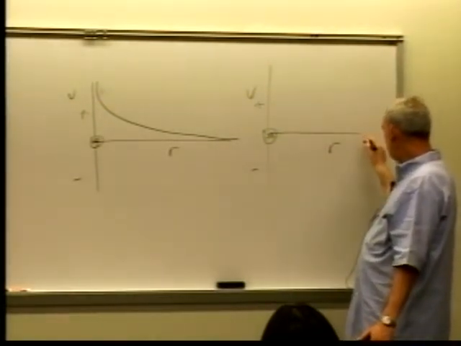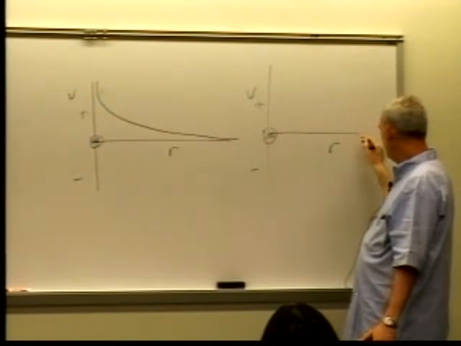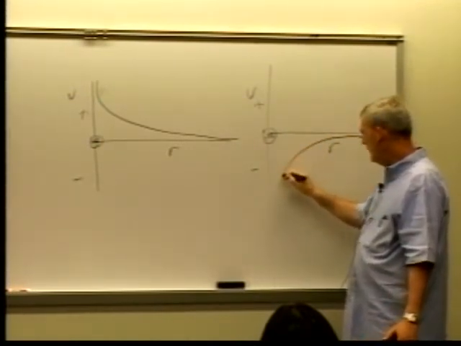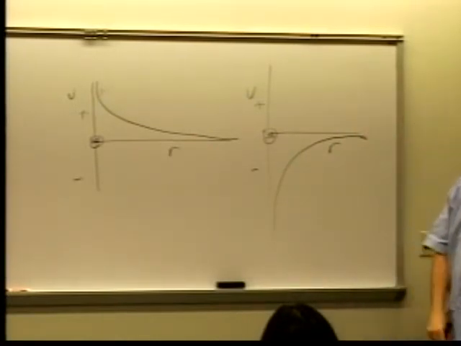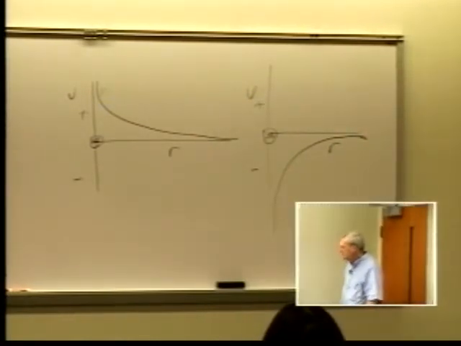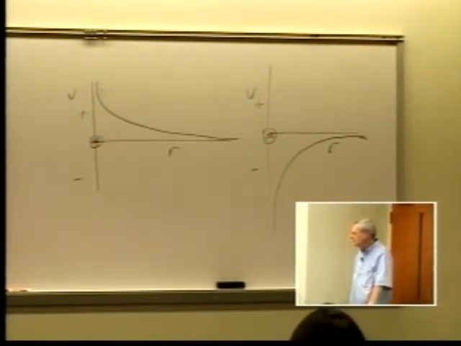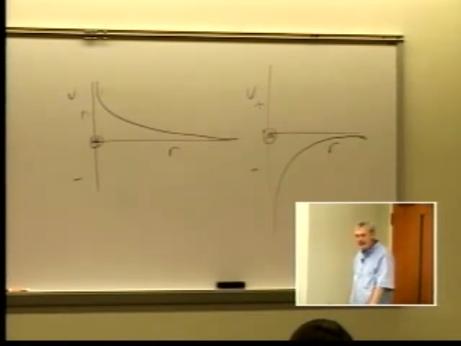As I'm coming in closer, I start at 0, and as I get closer, it goes down like this. That's the way that potential looks. So it's big negative.